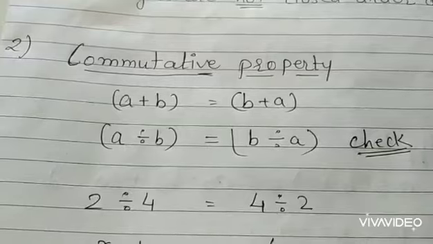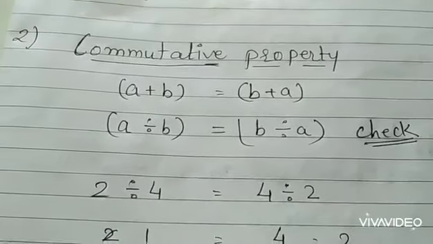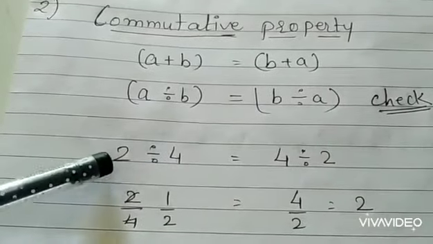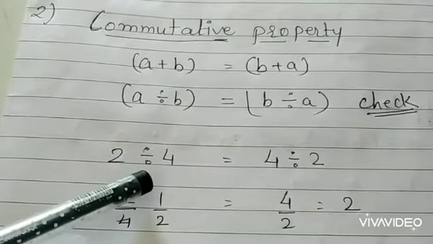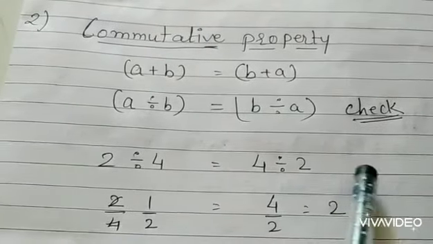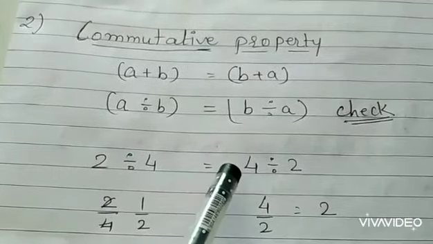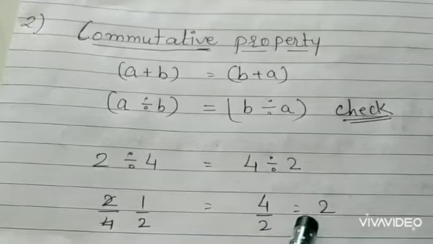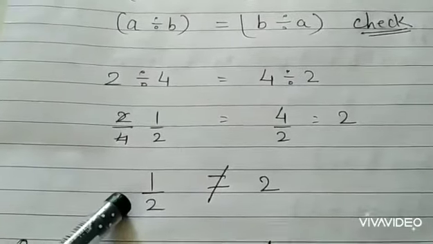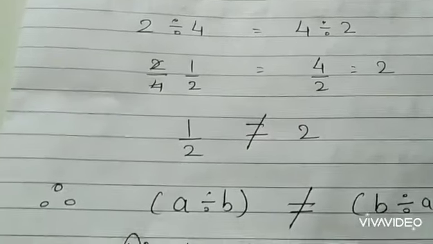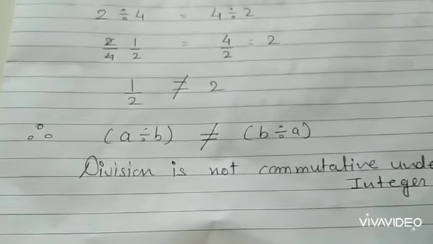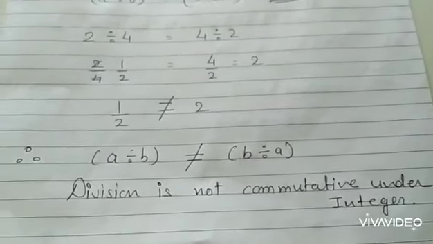On the left hand side, 2 divided by 4 is 1 upon 2. And 4 divided by 2, on the right hand side, is equal to 2. So 1 upon 2 is not equal to 2. So we can say that division is not commutative for integers.